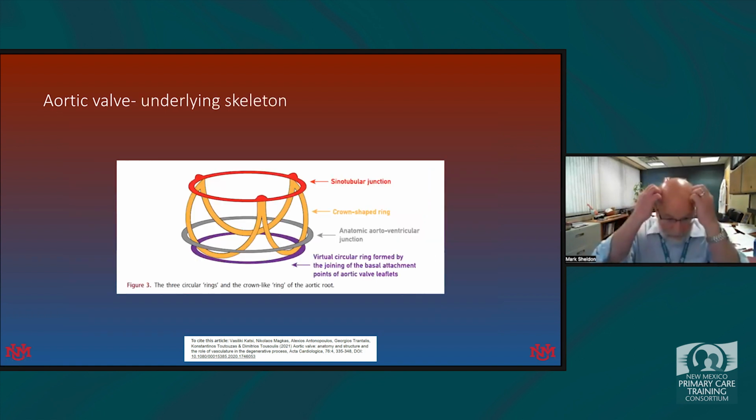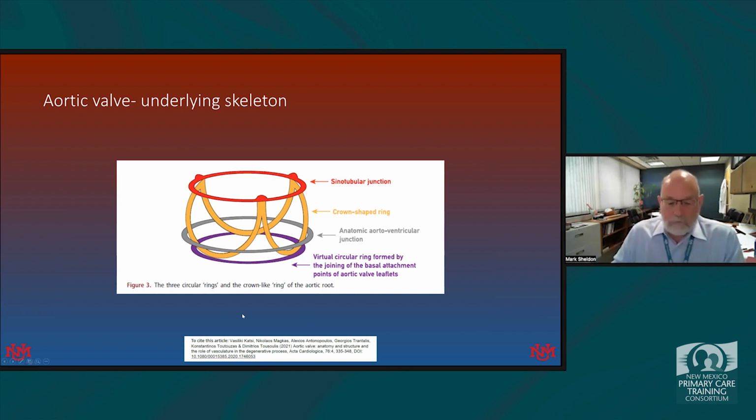And the aortic valve is, relatively speaking, a simplistic kind of structure. It does have a little bit of a fibrotic skeleton, so to speak, and there are rings of tissue at the actual annulus, the junction of the cusps, and then the sinotubular junction further up.